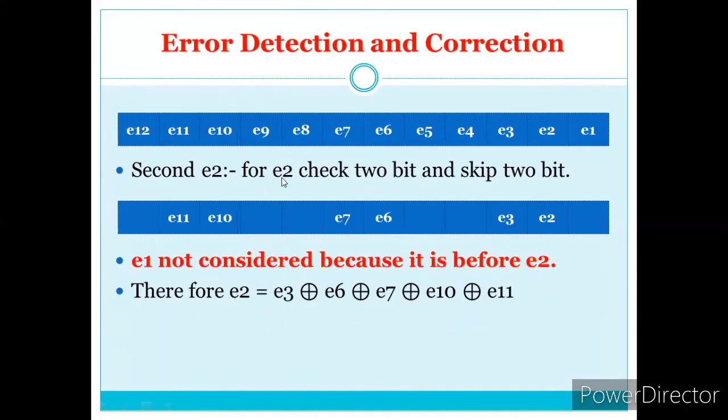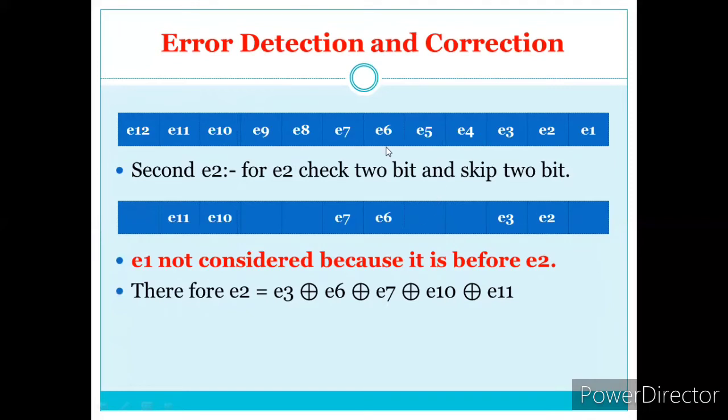Similarly, for the second one, E2: check 2 bits and skip 2 bits. One note is that E1 is not considered because it is before E2. So E1 is before E2, so we should not consider it. Now check 2 bits: E2 and E3 are considered.